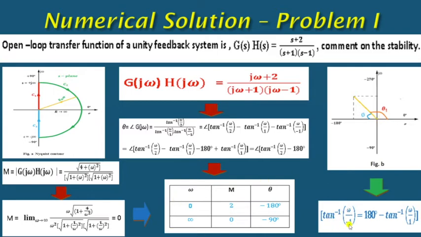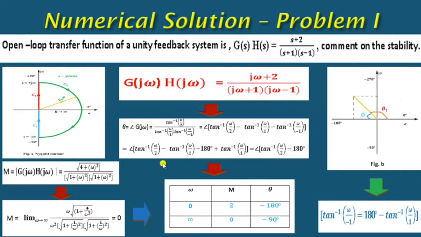So this angle is 180 minus tan inverse omega by 1. So written here, and then the total angle is equal to tan inverse omega by 2 minus 180.